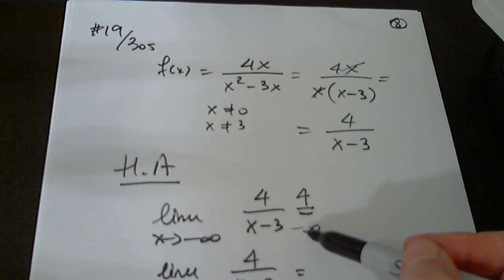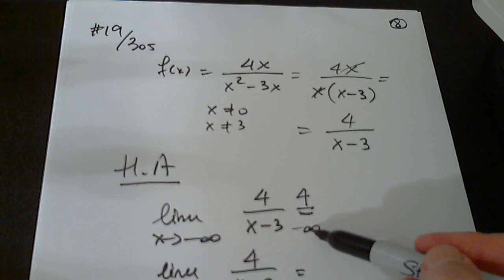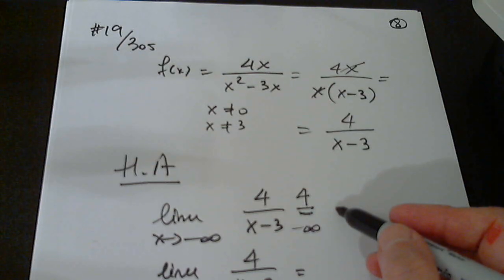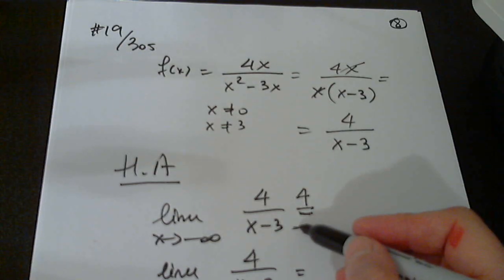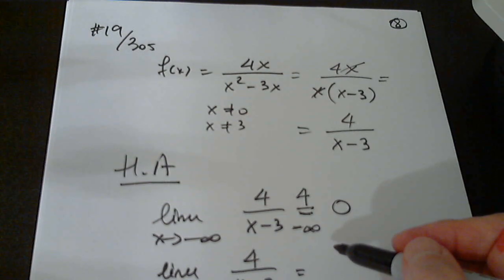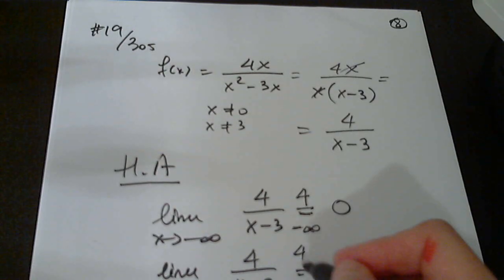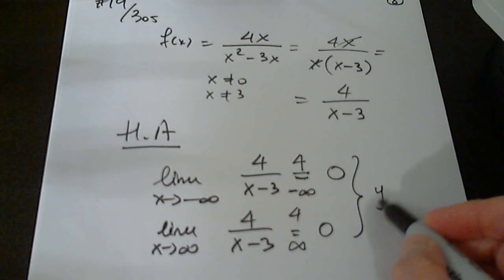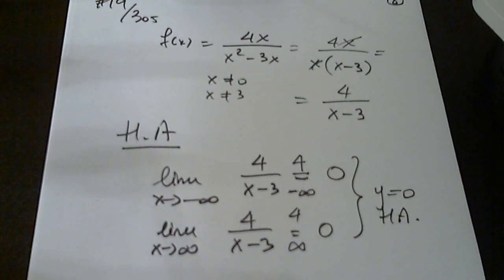Well, it's infinity. How much is 4 divided by infinity? 4 divided by an extremely large number. Anybody? 0. When we divide 4 by something huge, we always get 0. Because we got 0, y equals 0 is the horizontal asymptote of this function.